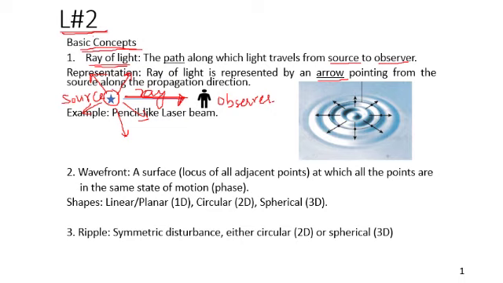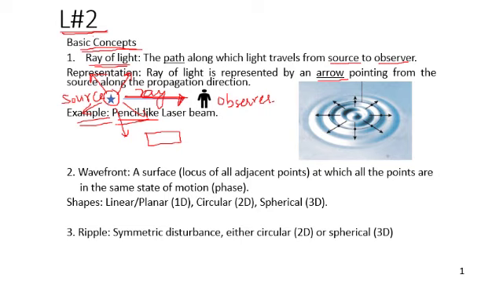And what will be the practical example of a ray of light? A thin fine beam of laser, for example, qualifies for the ray. You know, laser is a device which produces unidirectional monochromatic light.